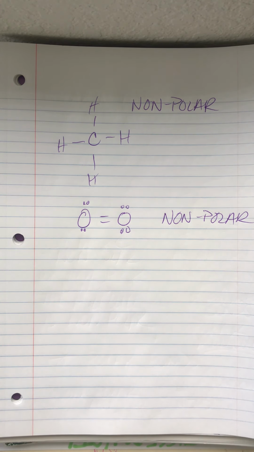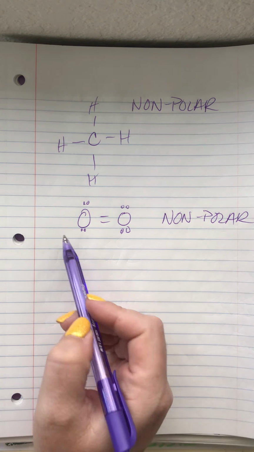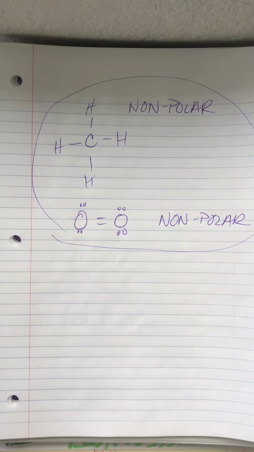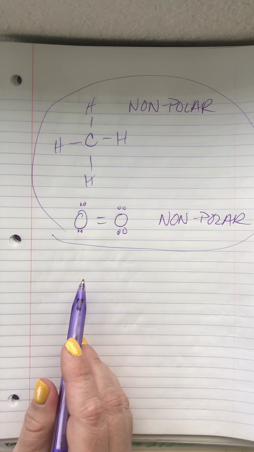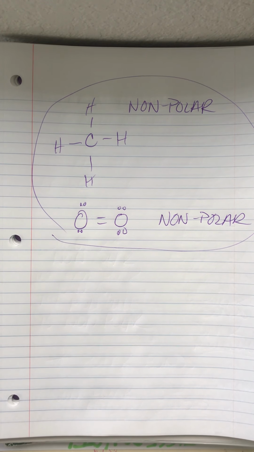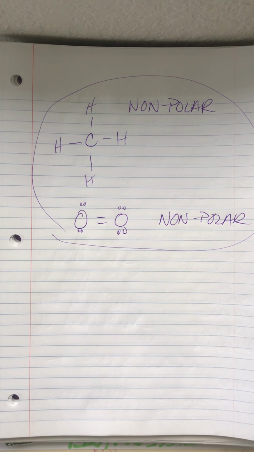Does that make sense? So this is a pretty good fallback position, right? Because these are the two main examples that are always going to be nonpolar. Not these particular molecules, but the rules that we put on the previous page. Does that make sense, Teddy? And Daisy and everybody?